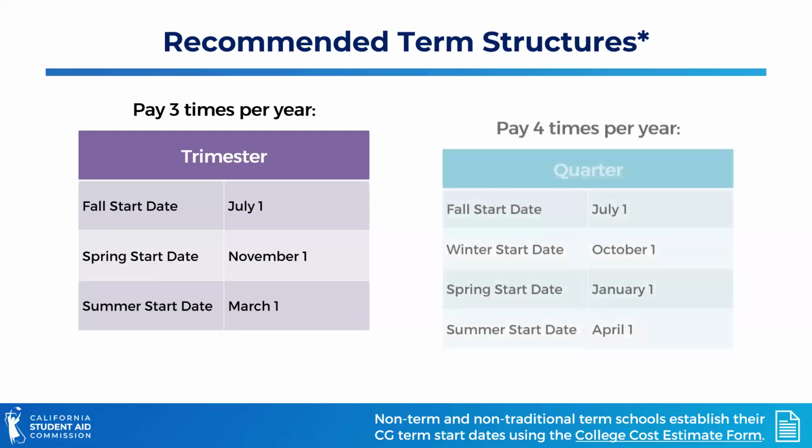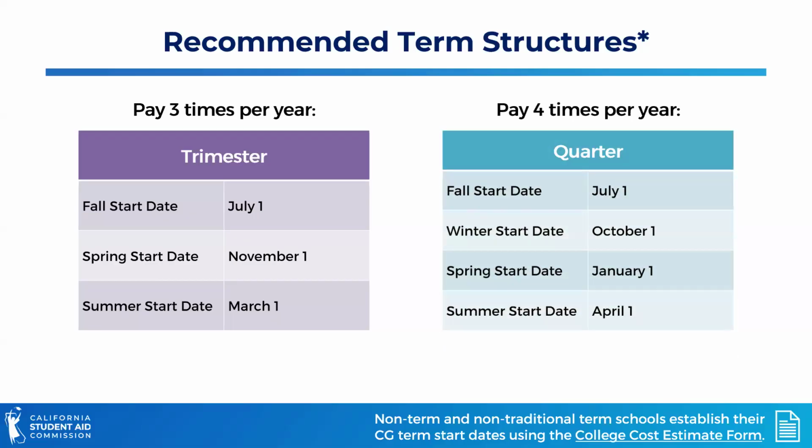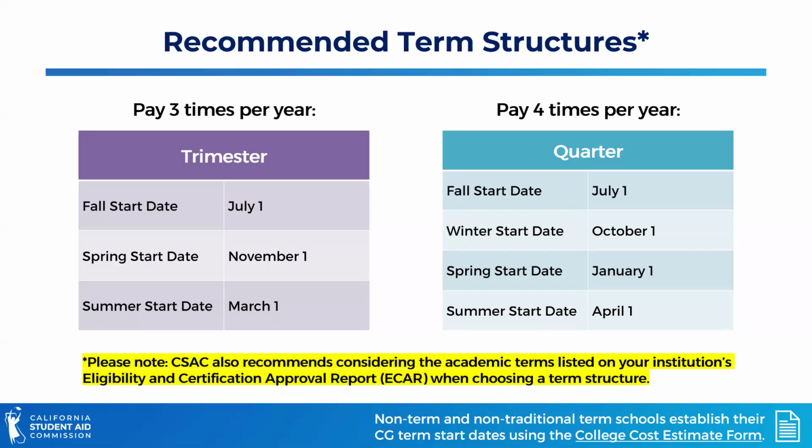Now, for schools that want to pay 4 times per year, they can do a traditional 4-quarter structure with 4 start and end dates, and these payment periods would be about 90 days each. One other thing to note is that we recommend considering what academic terms are listed on your institution's e-CAR when you're choosing a term structure.